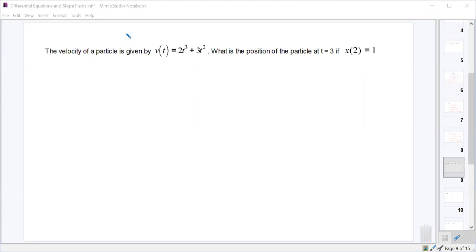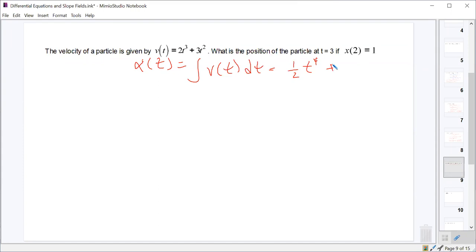All right, good. So x of t should be equal to the integral of v of t dt, which ought to be, what's the integral of 2t cubed? Should be 1/2 t to the 4th. And what about the integral of 3t squared?